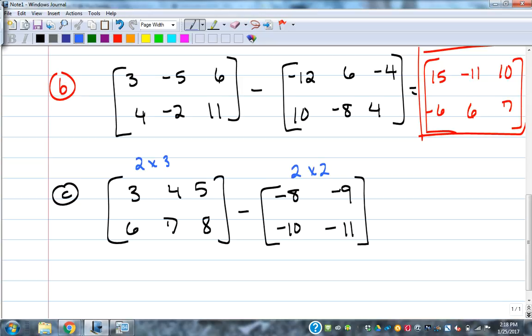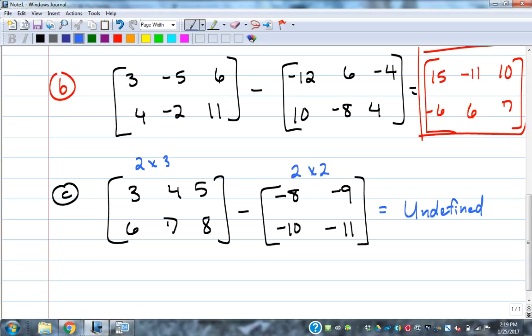Can you add or subtract them? No. You say it's undefined. If you tried to do it with your calculator, it would tell you dimension mismatch. It'd give you an error saying you can't do this. So knowing the dimensions would save you from even having to type them in because you know they don't match up.